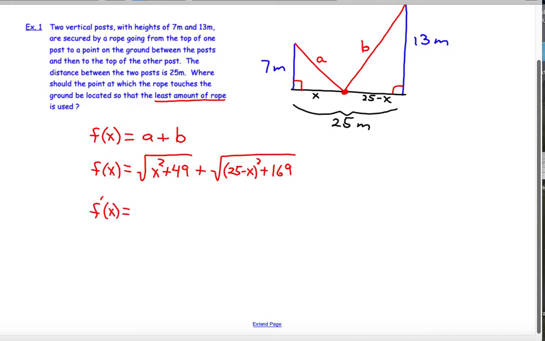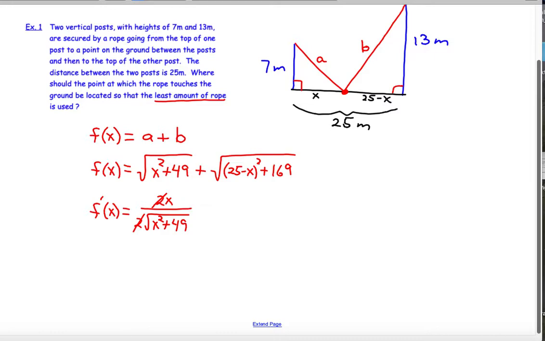All right, so the derivative of this is going to be, with the chain rule, 2 root x squared plus 49. The 2's will cancel. So we get x over the square root of x squared plus 49.